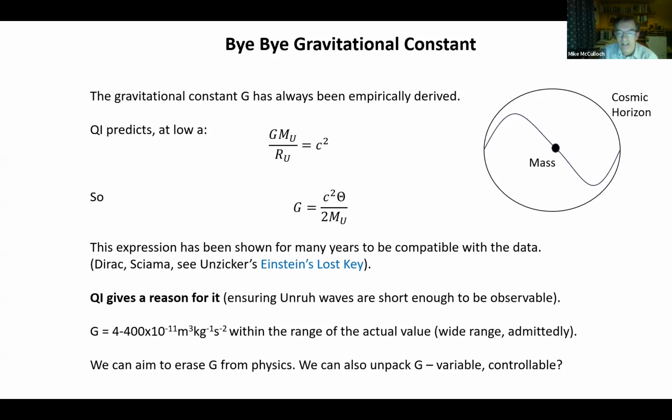It's been known for many years that this formula looks true, because if you put the values in, you get a pretty good agreement. But quantized inertia gives us a way to say why it's true for the first time.